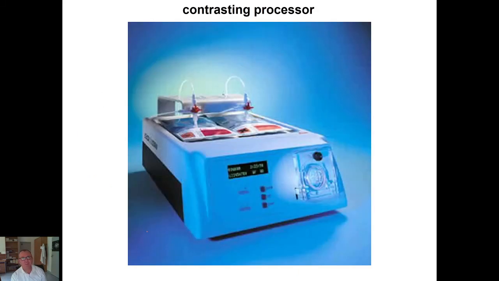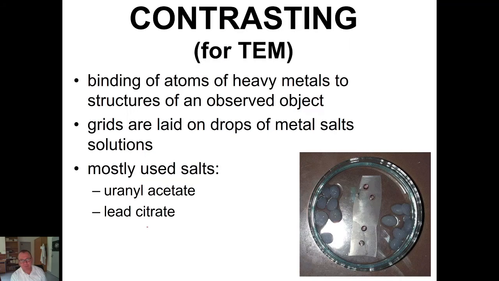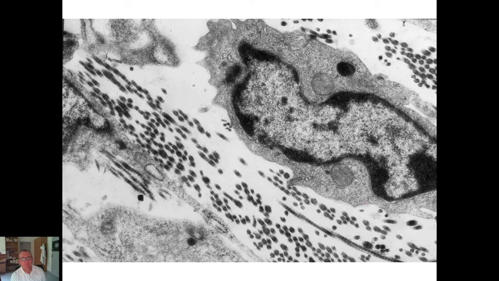Again, processors are in some laboratories for the contrasting, but we haven't got it, so in our laboratories everything is done by hand. Grids are given on small droplets of contrasting solutions, and usually in the dark, and it is contrasting. And the result is like this.